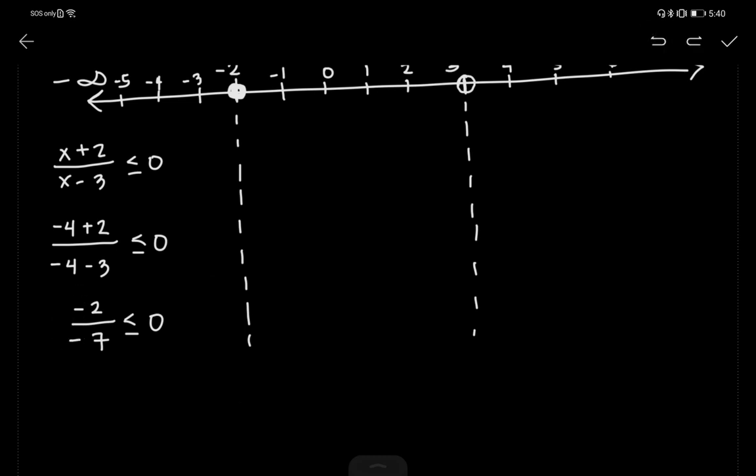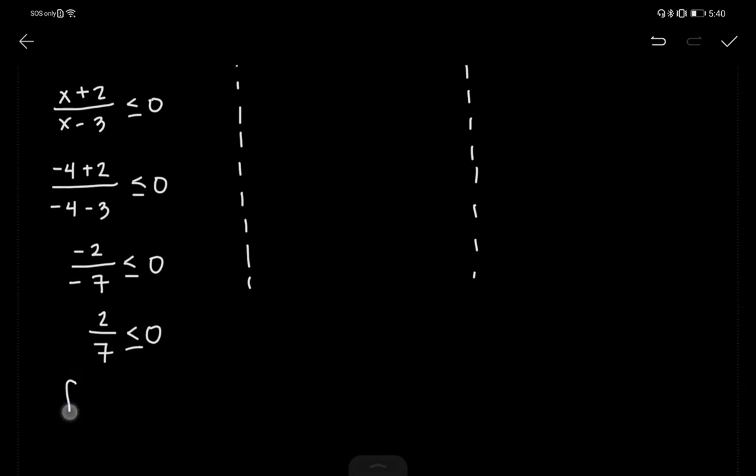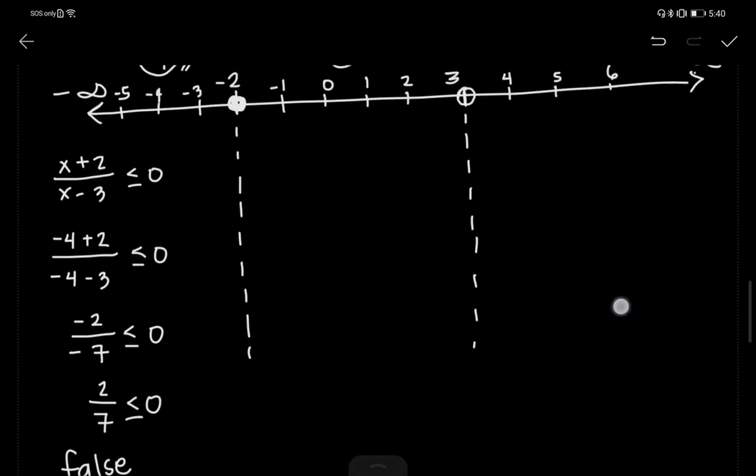So here naman magiging 2 over 7 less than or equal to 0. So tama ba na ang 2 over 7 is less than or equal to 0? So in this case, nagiging false. Okay? So hindi tama na ang 2 over 7 is less than or equal to 0. So it doesn't satisfy the condition.